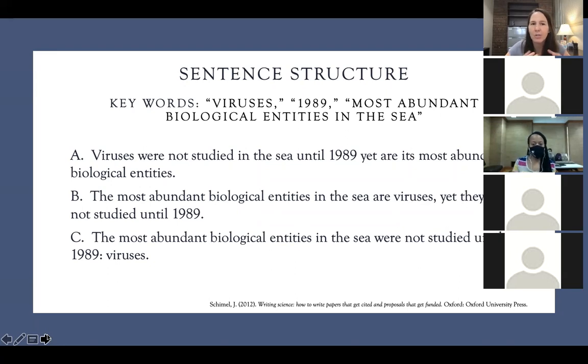Here are 3 potential messages that we could create just from these keywords. The difference between the sentences and how you interpret them isn't the language, it's the structure of the sentence mainly. What information comes where in the sentence.